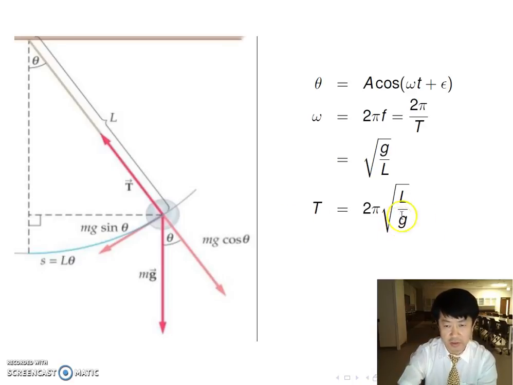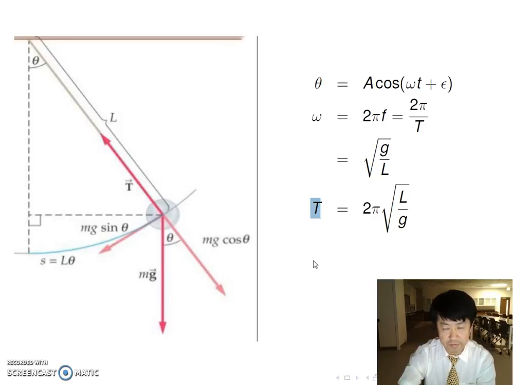Now let's think about it. L is the length of the string. If L is large, which means it's long, then T will be a large value, which means it will take a long time to make one period of motion. If L is small, which means the string is short, then the T value is small, which means the time period for one cycle is short.